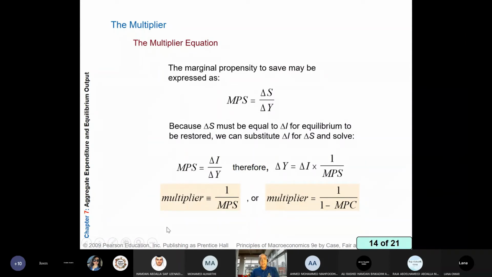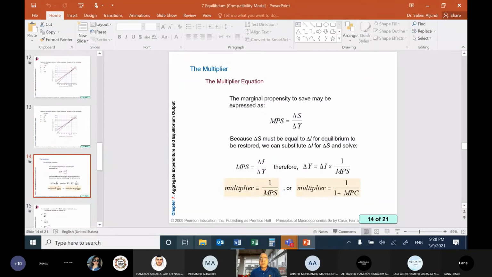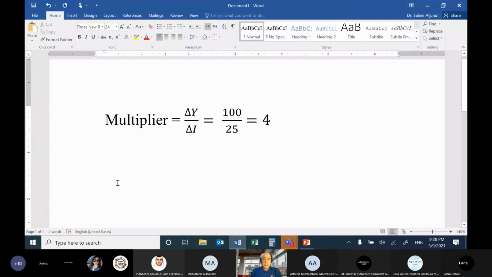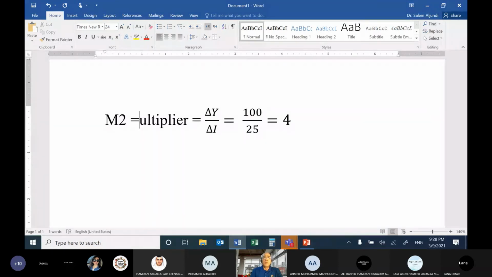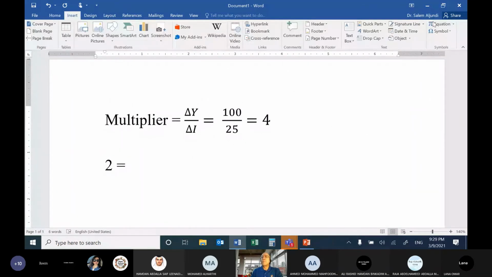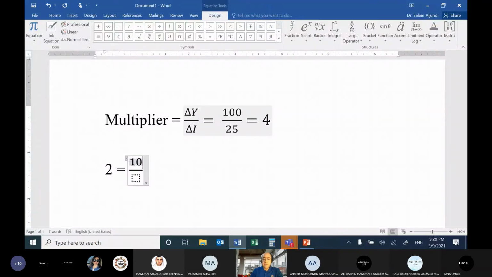It is easy. For example, 2 equals 10 divided by 5.